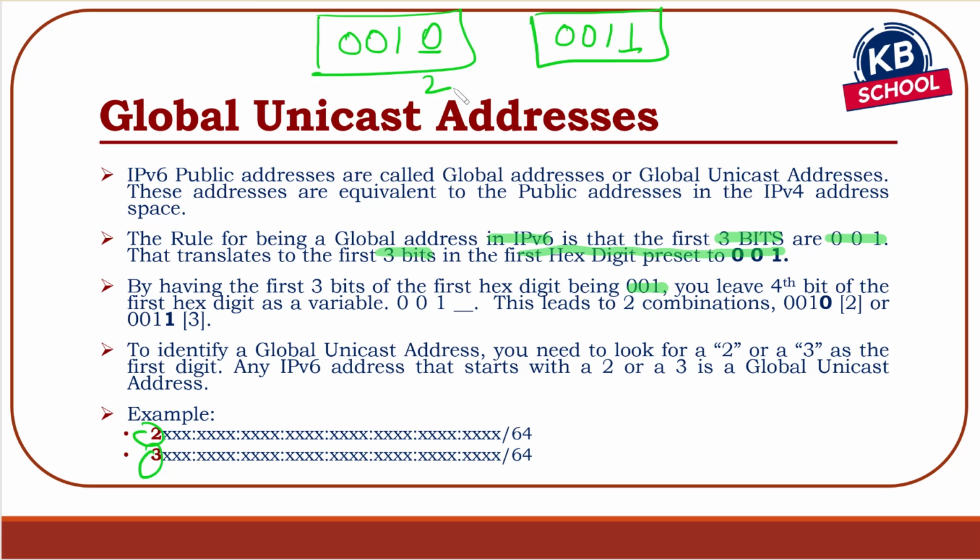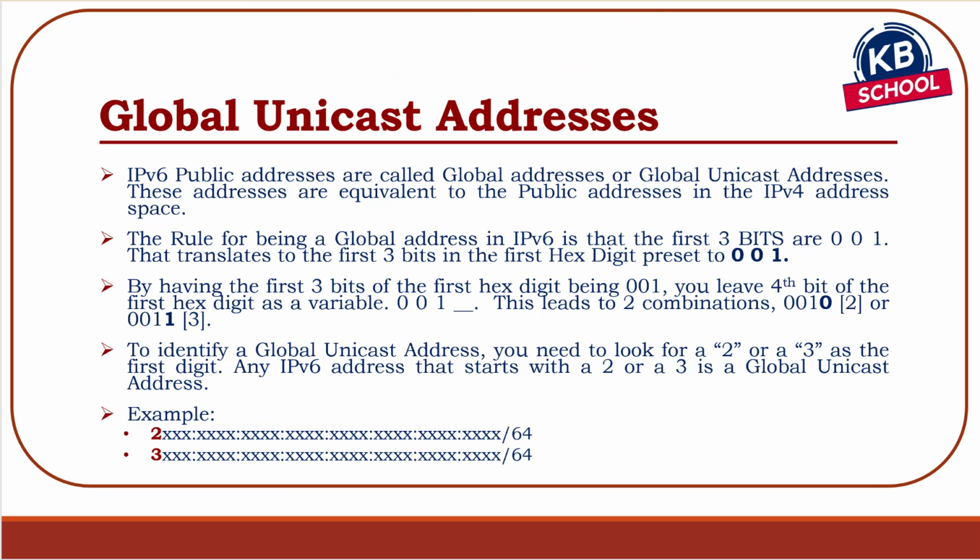So this is a 2 or this is a 3. To identify a global unique address, you need to look for a 2 or a 3 as the first digit. If the first hex digit is a 2 or a 3, any IPv6 address will be a global unicast address. And that's an example of that. As simple as that, don't complicate it. If it's a 2 or a 3, it's a global unique address or unicast address.